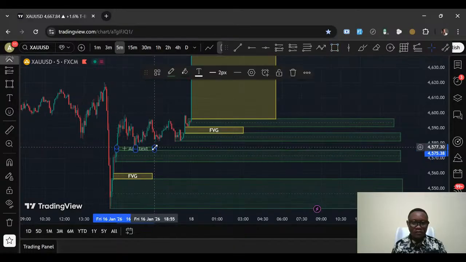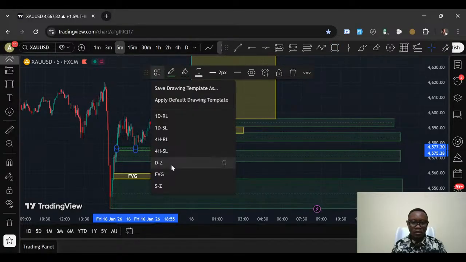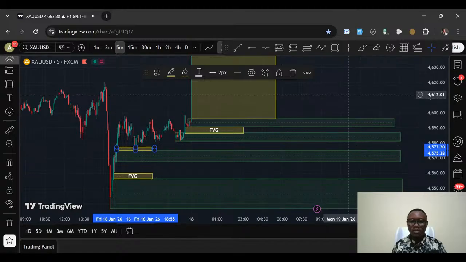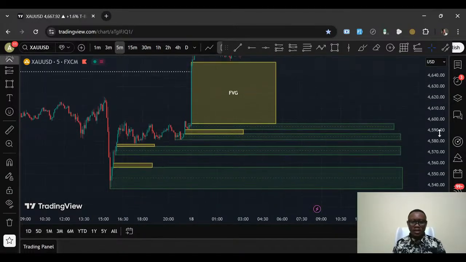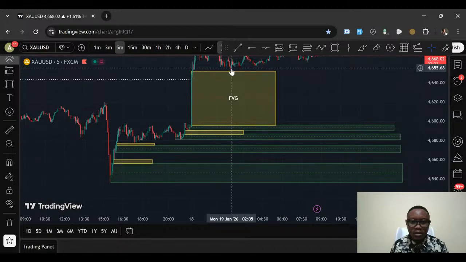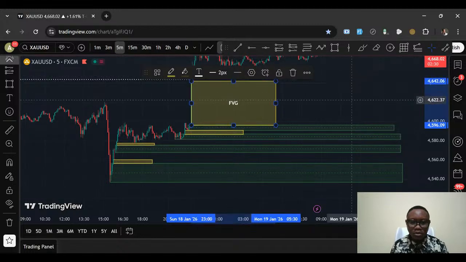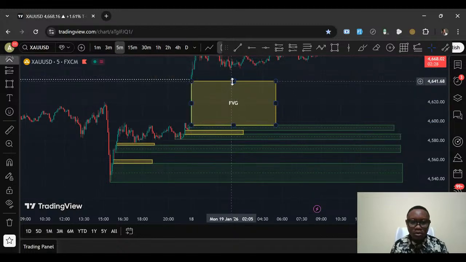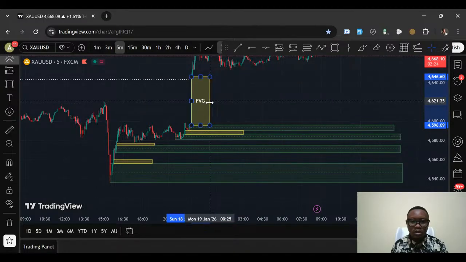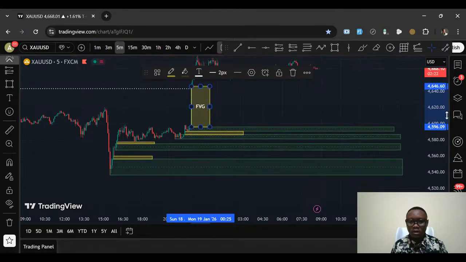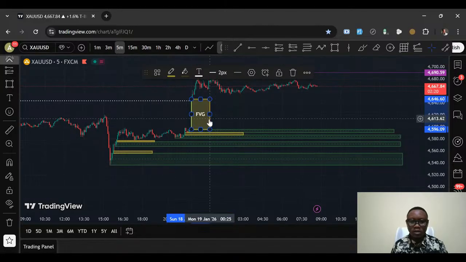So we have a very tiny FVG here. Okay, good. So this, okay, we can refine this further to this candle. Then let's minimize it. So we have this FVG.